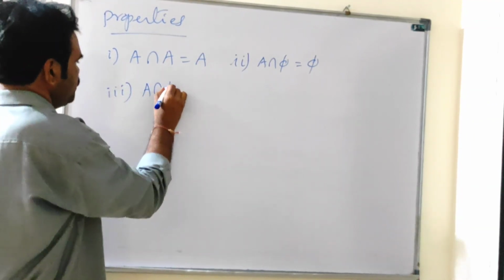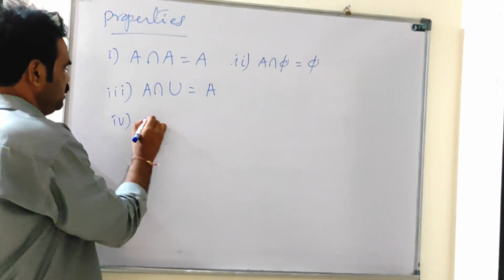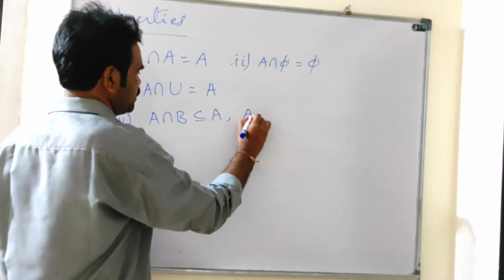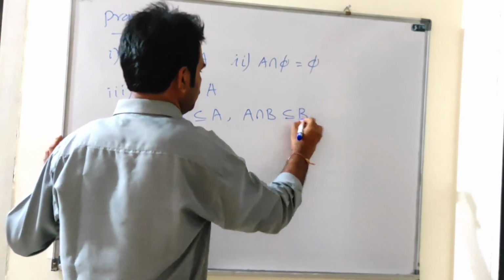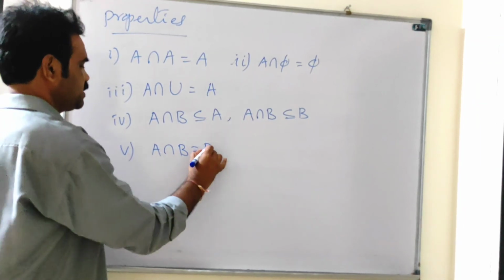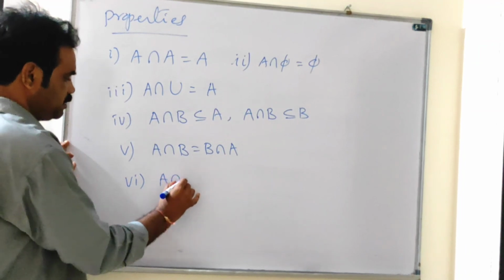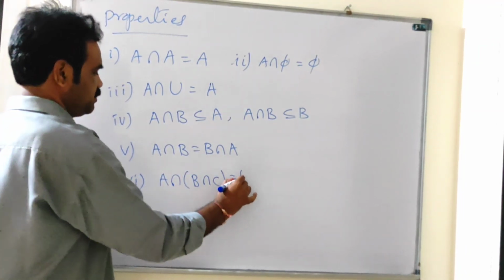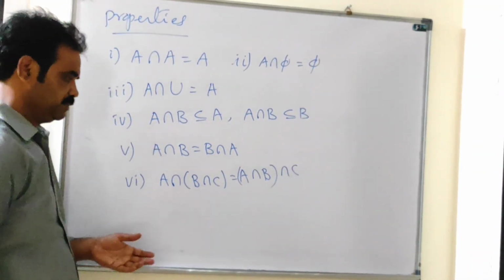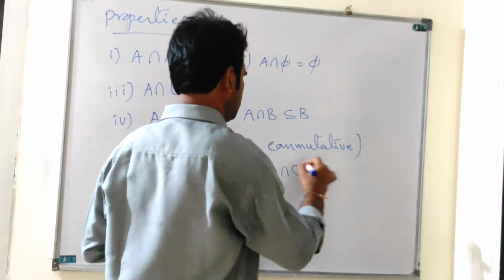A intersection U, where U means universal set, is equal to A. A intersection B is a subset of A, and A intersection B is a subset of B. A intersection B is equal to B intersection A, that means intersection is also commutative. A intersection B intersection C is equal to A intersection B intersection C. This is the associative property.